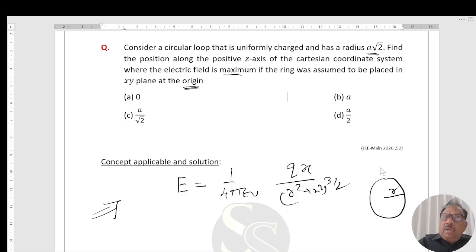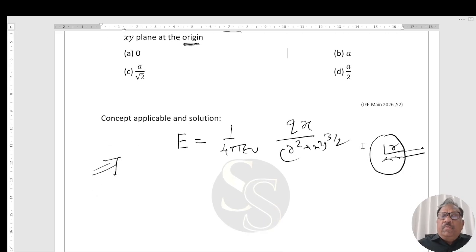Electric field we need along the z axis. So electric field along the axis will be like this, at the distance x. So this is the formula. Along z axis. Right?